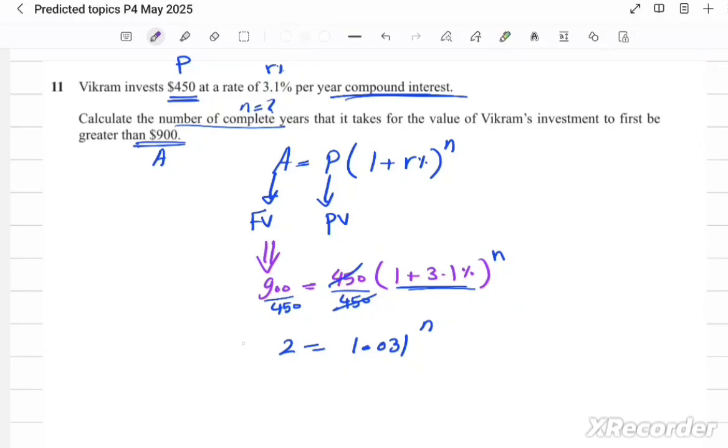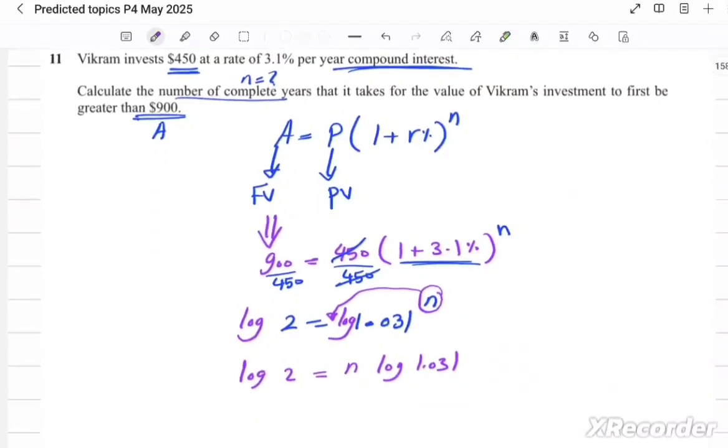If you take log of both sides, log 2 equals n log 1.031. The n comes to the front like multiplication, because I'm using log to make this n a multiplication.